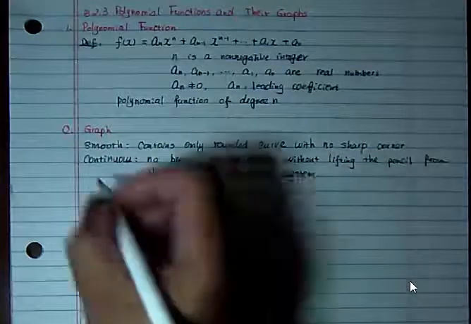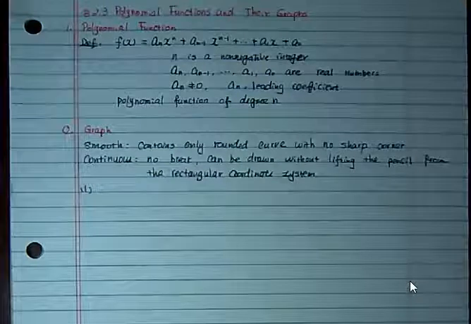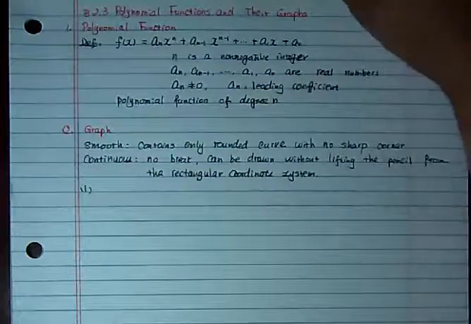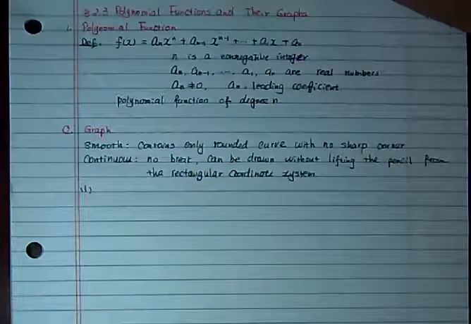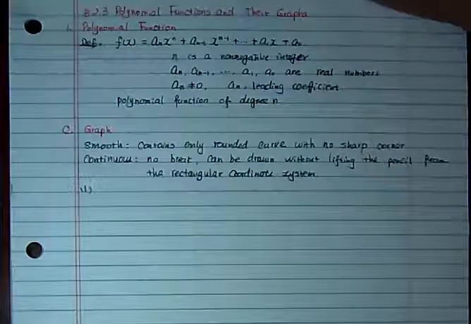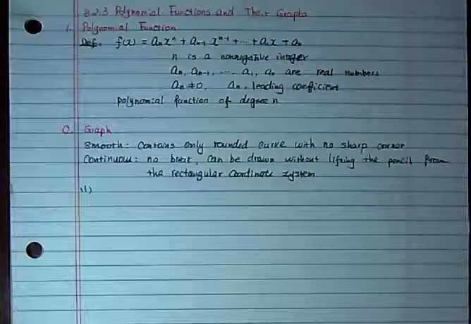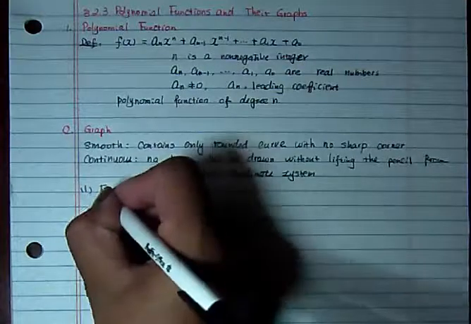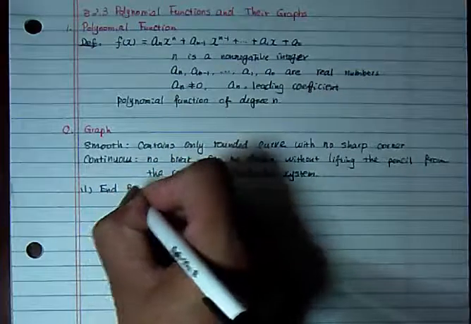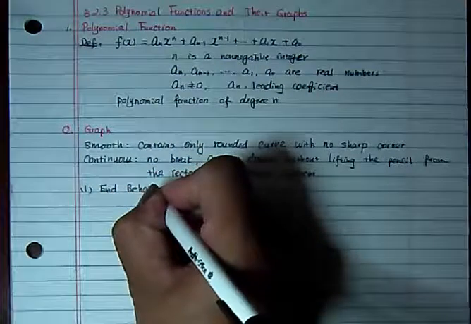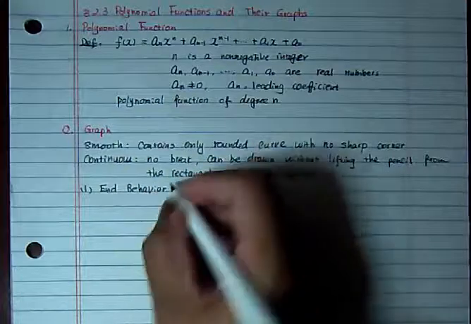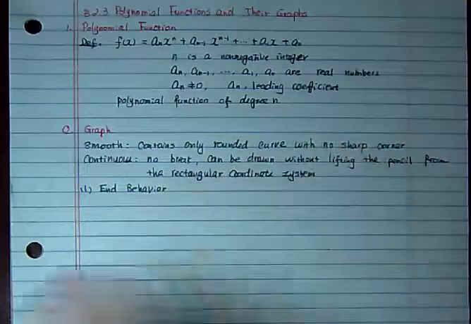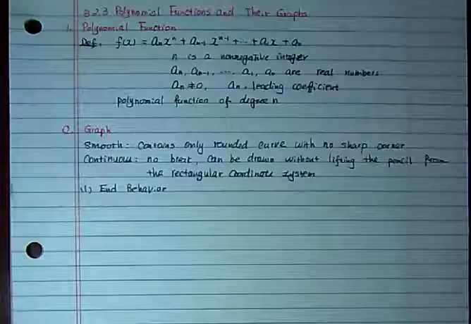Okay. So the first thing, let's see how the graph looks. The first thing we want to see is the end behavior, which means the overall behavior. End means toward both ends of your x-axis. For the end behavior, we are going to use the leading coefficient test.